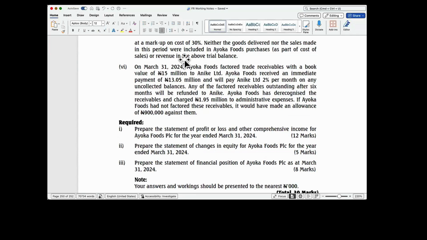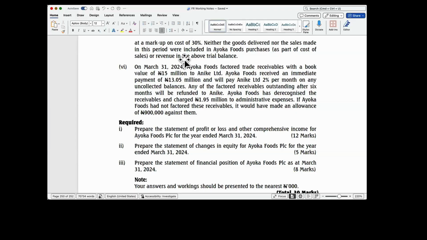Any of the factored receivables outstanding after 6 months will be refunded to Anike. Ayoka Foods has recognized the receivables and charged 1.95 million to administrative expense. If Ayoka Foods had not factored these receivables, it would have made an allowance of 900,000 against them.